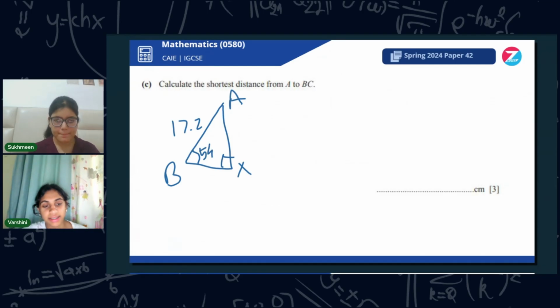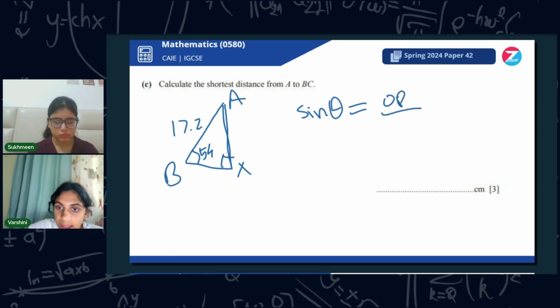So now that we have this, we want to find the shortest distance from A to this line, which will be AX. And we know that sine theta, if you remember SOHCAHTOA, equals opposite over hypotenuse.